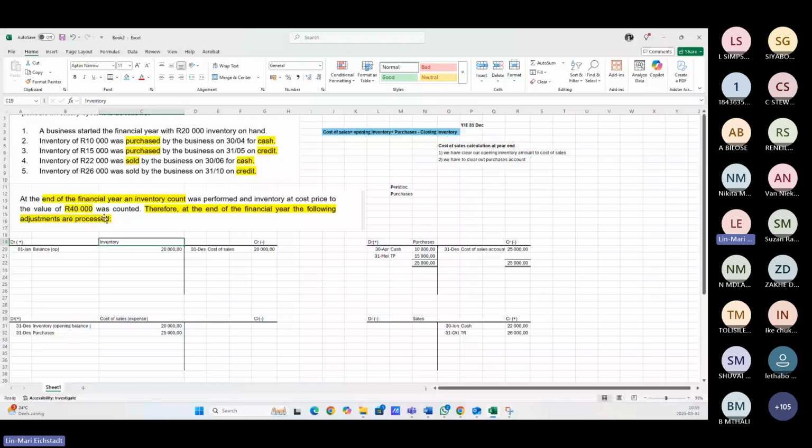So if we counted in our store 40,000 Rand, now in our closing inventory, we would expect this is inventory from stock take. And this is the 40,000 that we counted. Right? And this is on 31 December again.